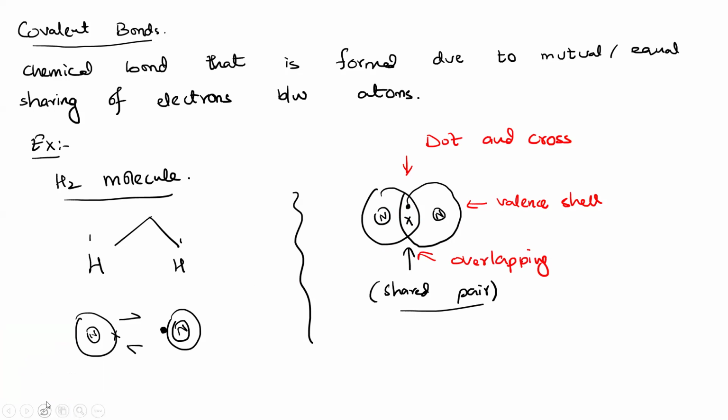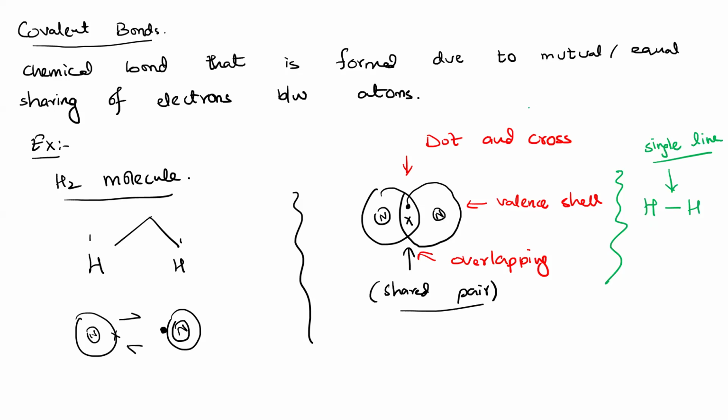You might have heard about that, right? And then we can also show it through a line. That's a single line, a small solid line. It shouldn't be a dotted line, it should be a solid line, but it has to be a small line. Now, that's a covalent bond.